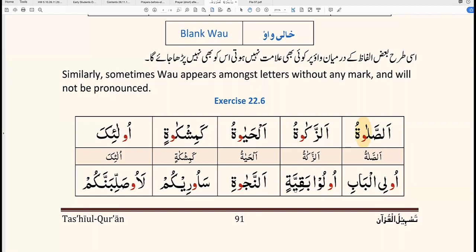This ya has to join with, this scarf needs to join by the ya. Well done, yes. So let's do that, yeah? Qiyya, well done. Ulu, ulu baqiyya.